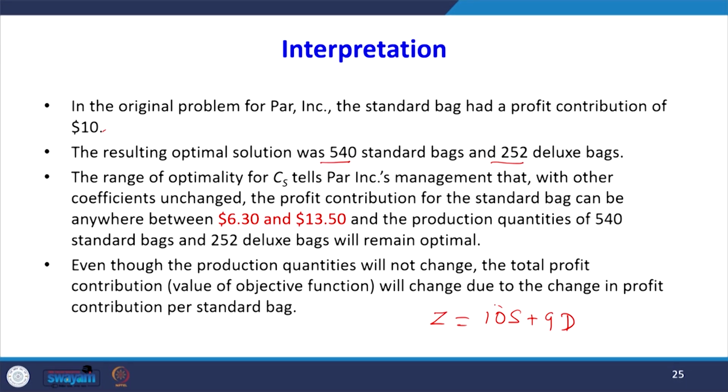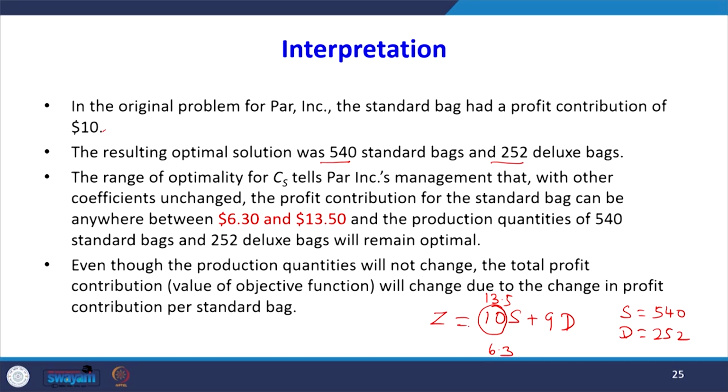Even though the coefficient of standard bags goes anywhere between 6.3 and 13.5, our solution S equal to 540, D equal to 252 will remain the same. That is the interpretation of this range of optimality.